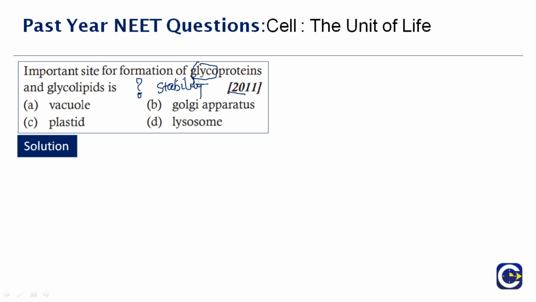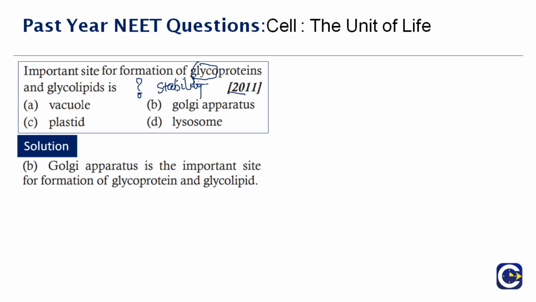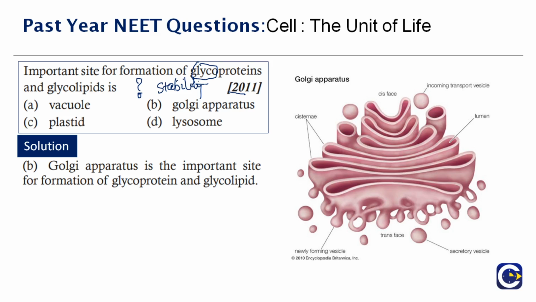And this important site, the correct answer goes to Golgi apparatus. The correct answer is option B. Now to your right side you can see how the Golgi apparatus looks. So the function of glycoprotein and glycolipid is that they help in cellular recognition and maintain the stability of the cell membrane.